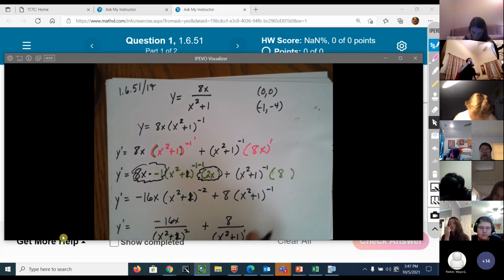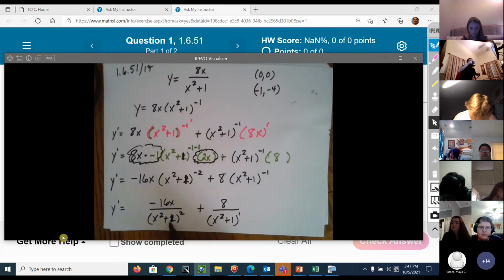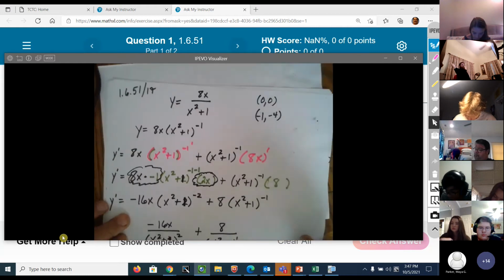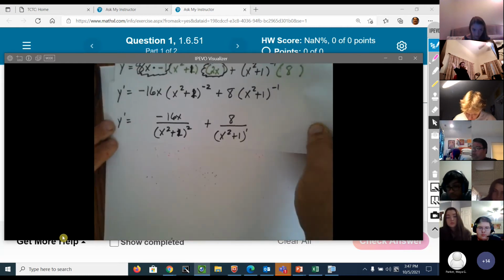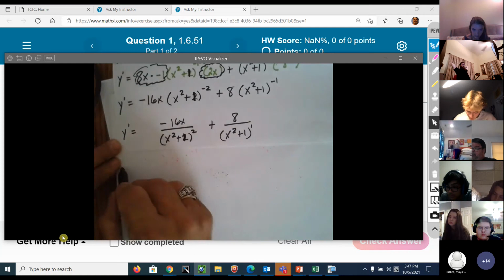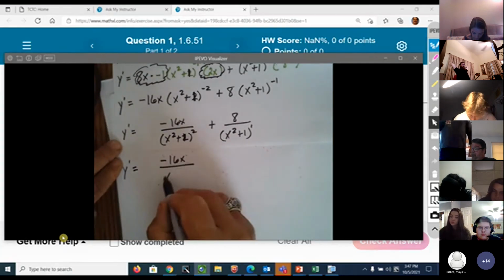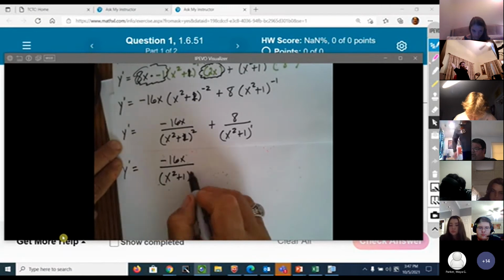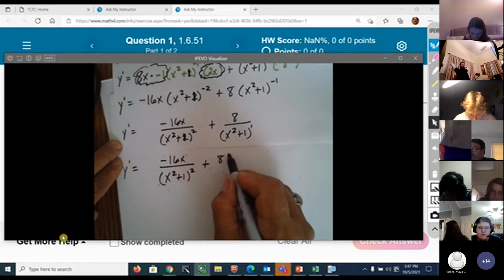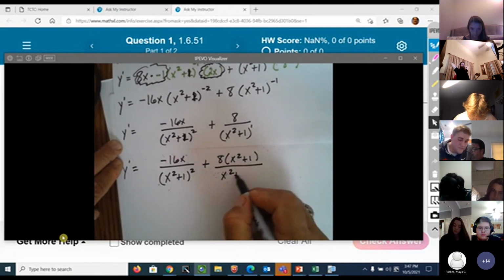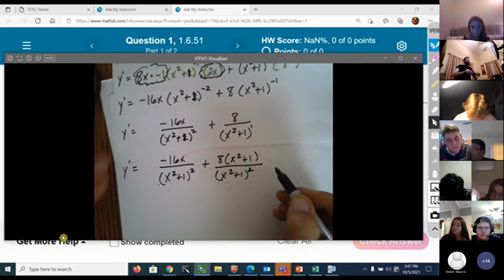And we can get a common denominator of x squared plus 1 to the second power. And it's going to look like this. So y prime is equal to negative 16x over x squared plus 1 to the second power plus 8 times x squared plus 1 over x squared plus 1 to the second power.